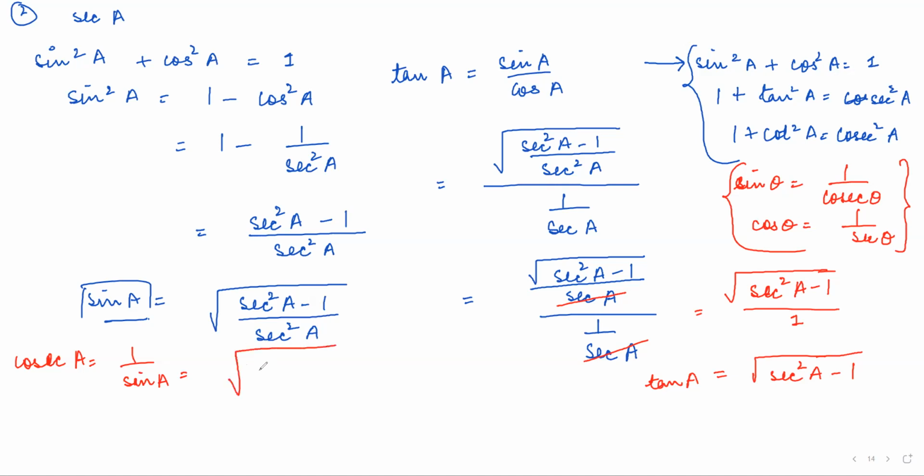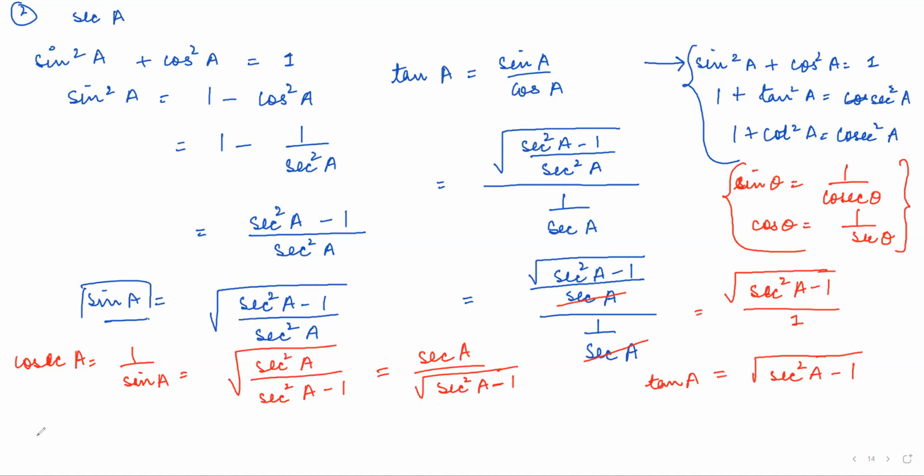So just take the inverse: sec square A divided by sec square A minus 1. That is your cosec. Or if you want, you can take sec A divided by under root sec square A minus 1, because in the numerator you have square root also and square also. So cosec you have got.